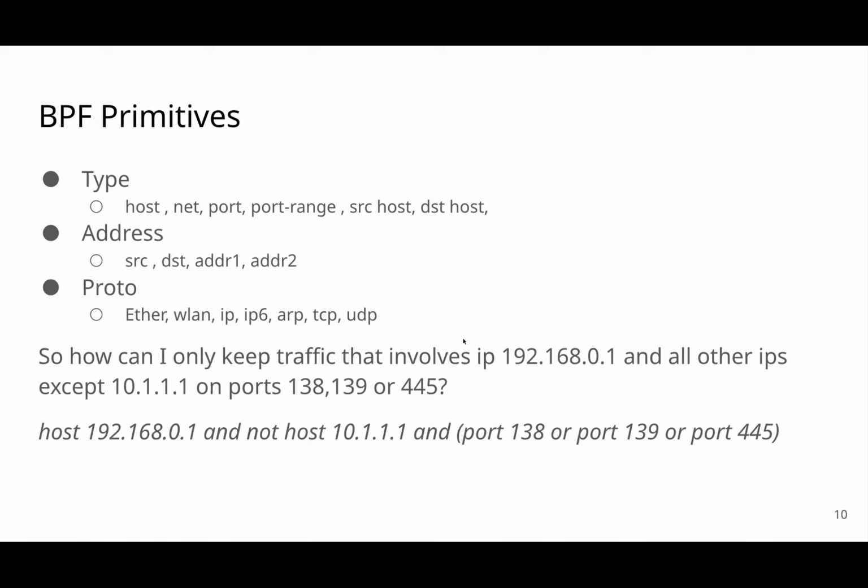So here we have just a very trivial example. Okay, if we want to keep traffic that involves this IP and all other IPs except 10.1.1.1, okay, and on these 3 ports. Okay, let's see how we do it.